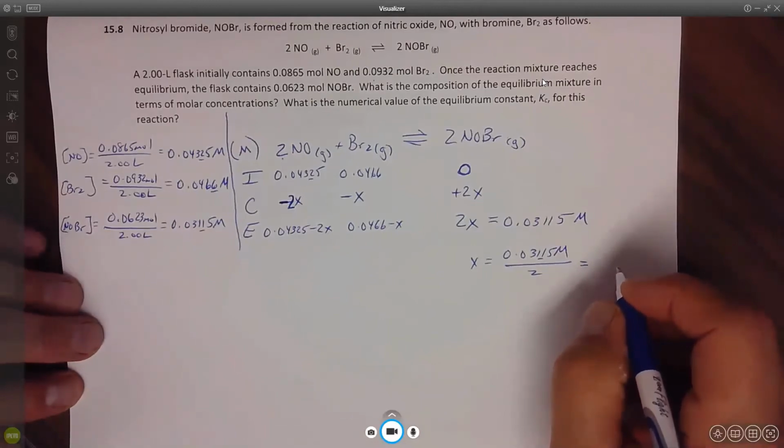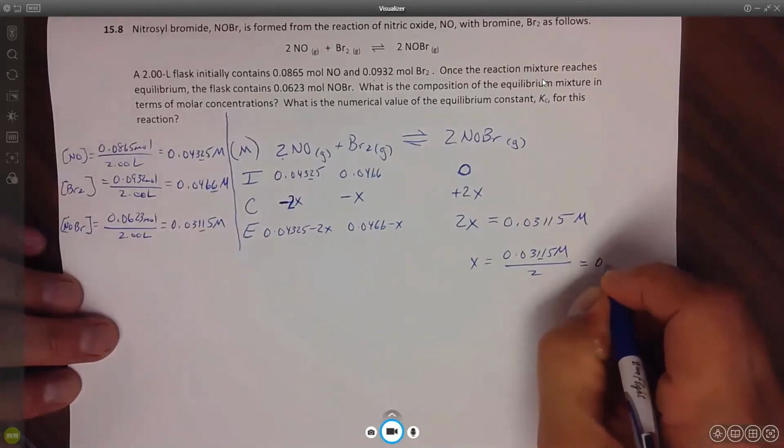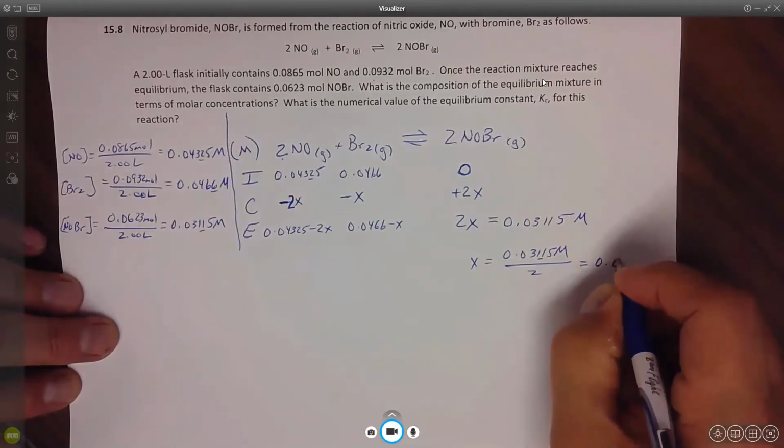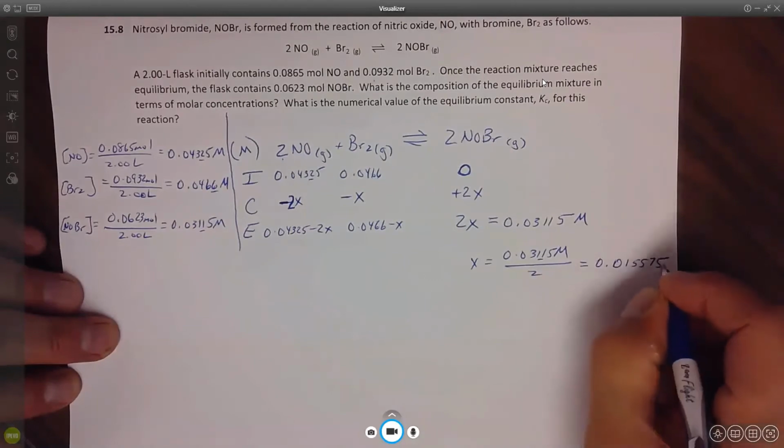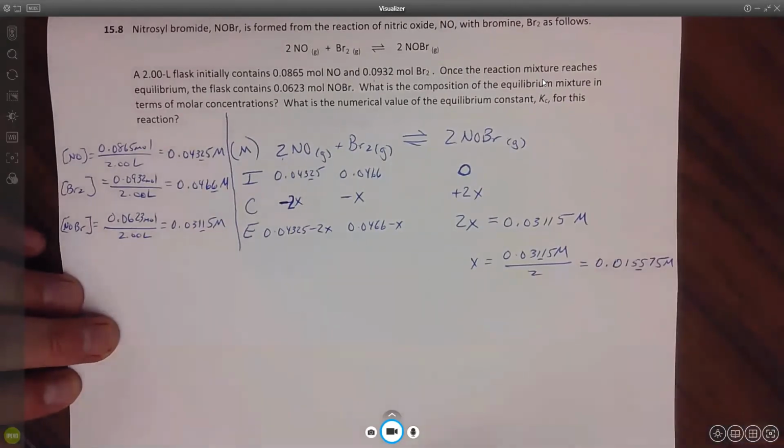Wait a minute, I did something funky here. Oh, there we go. Okay, it's 0.015575 molar, 3 sig figs.